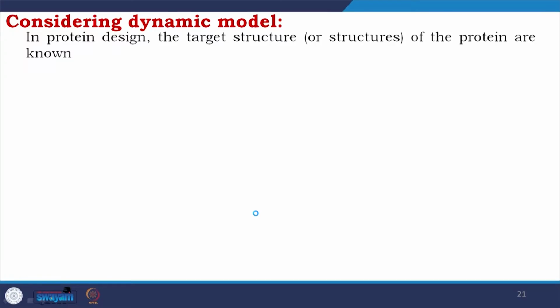In protein designing, the target structure of the protein is known, right? So, what I am saying by that, the static information of the 3D structure is known, but now we are talking about a dynamic model.